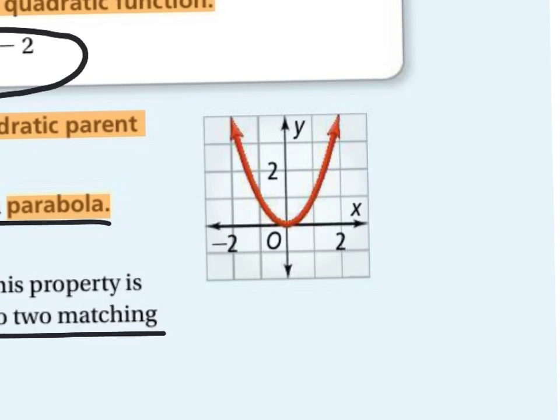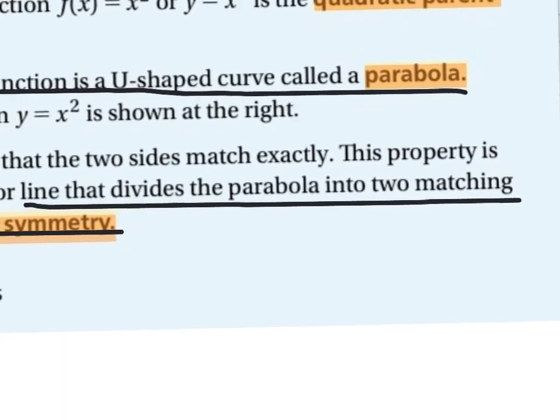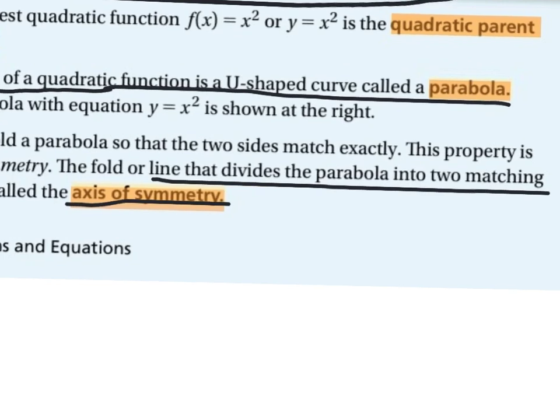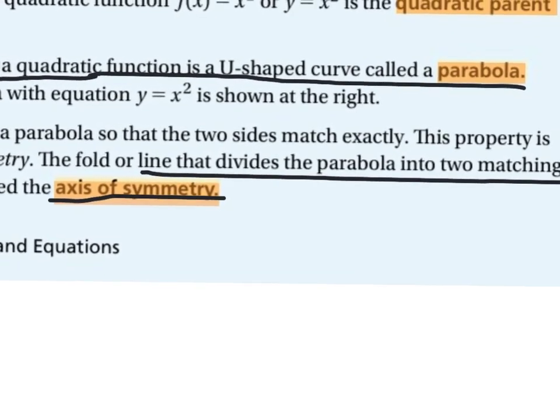What happens when we graph these is that these graphs are symmetric. So we have what's called an axis of symmetry, or sometimes it's called a line of symmetry. These are synonyms, and some books call it an axis of symmetry, some call it a line of symmetry. So if you hear me say line of symmetry, that's the same thing as the axis of symmetry.